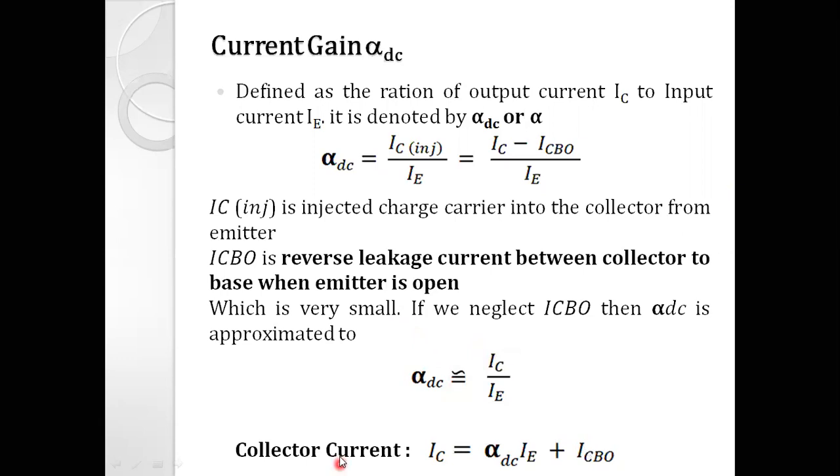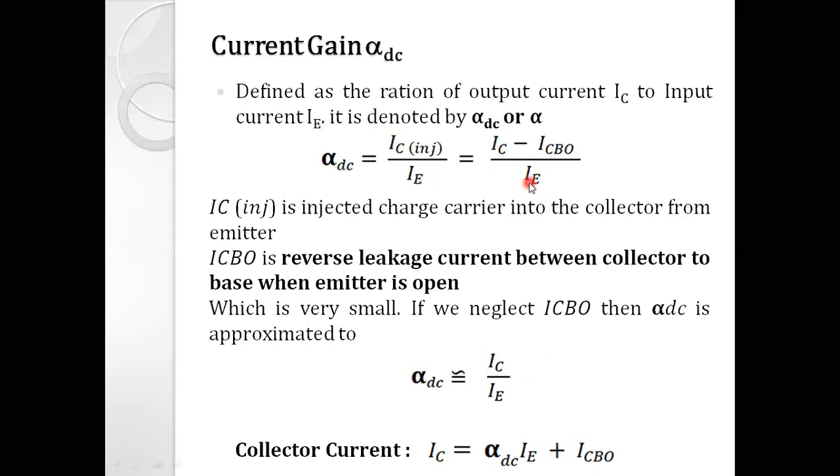So collector current is equal to alpha DC into IE plus ICBO, right? That is derived from this equation by making IC the subject of the equation.